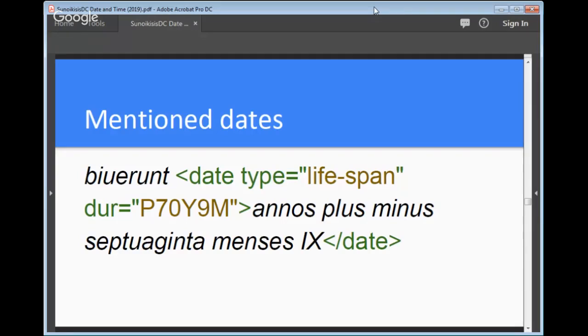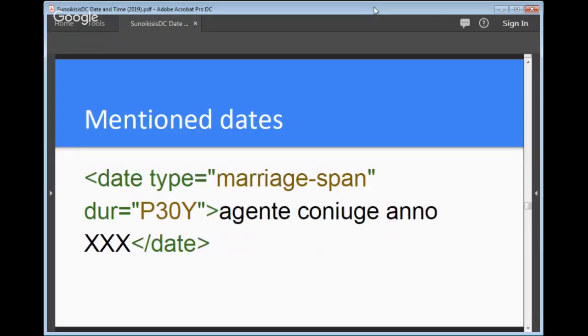And that's again an ISO defined terminology. P for period, I guess, 70Y for years, 9M for months. It's not very human readable, but it's not meant to be. It's computer parsable. This can also be used for other kinds of spans, how long someone was married. These people were married for 30 years. We don't know when it started or when it ended, but that's the general span there.